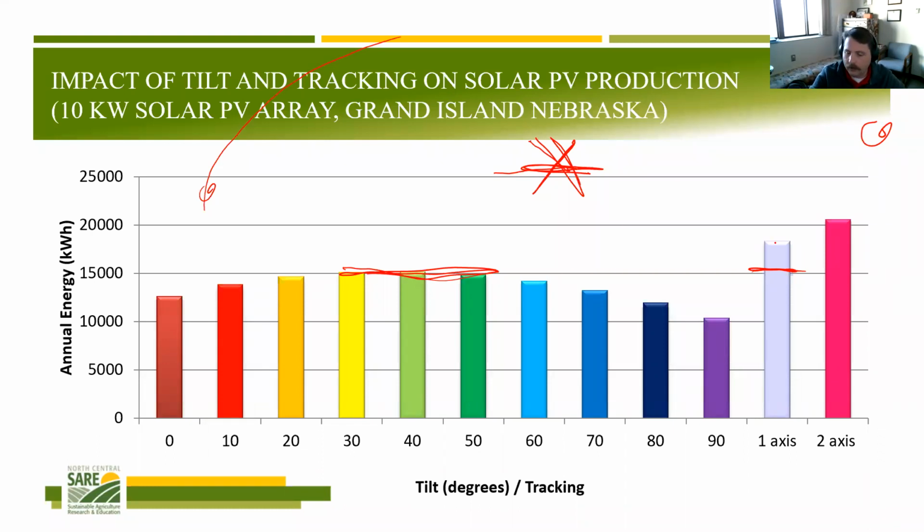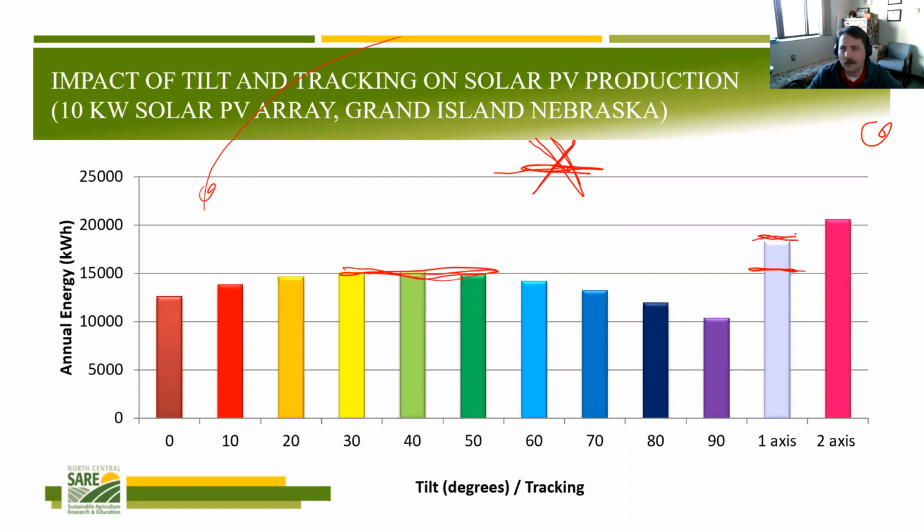But we're gaining fairly significant production from that one axis tracking. Again, we can determine if that's valuable for your location. Most large solar farms are putting in one axis tracking today. That's their model, and it works pretty well. It's reasonably simple, not a lot of moving parts. Those parts do break down.